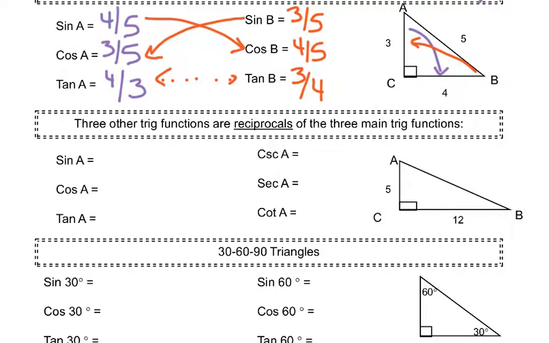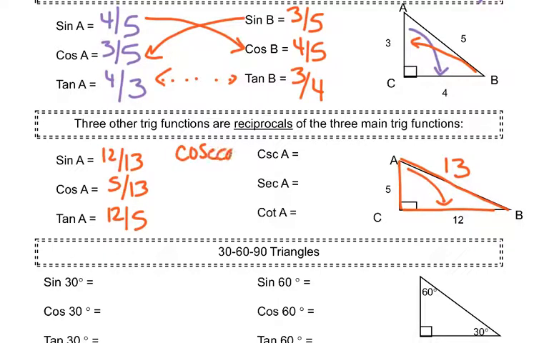In the next one, it's 5, 12, and I bet you know by heart the Pythagorean triple finishes with 13. So sine of angle A is 12 thirteenths, cosine is 5 thirteenths, and tan is 12 over 5. And we introduced 3 new trig functions, the cosecant, the secant, and the cotangent.